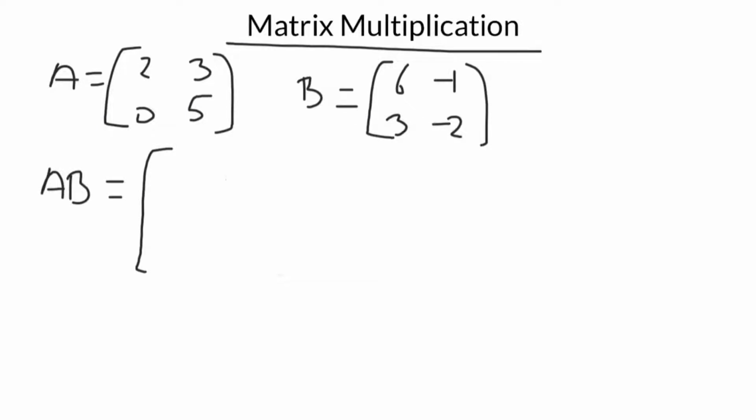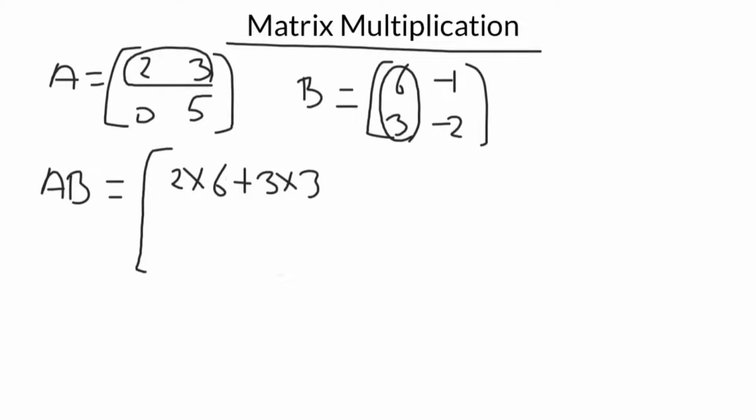So how do we find out the first element of matrix AB? For the first element, what we need to do is multiply the first row of matrix A with the first column of matrix B and add them. So what we need to do is 2 times 6 plus 3 times 3.